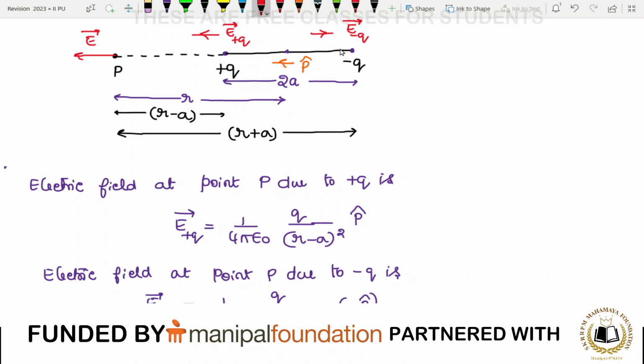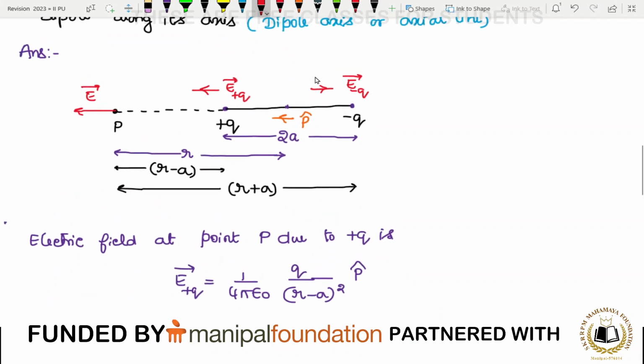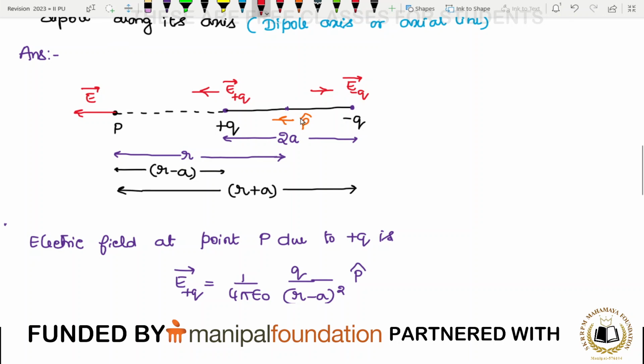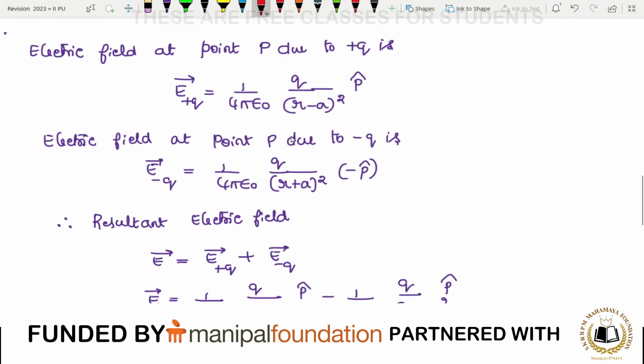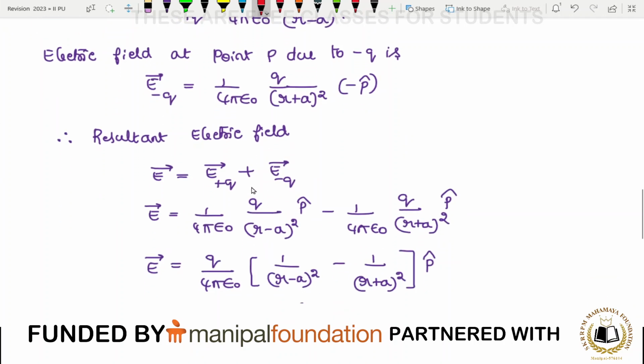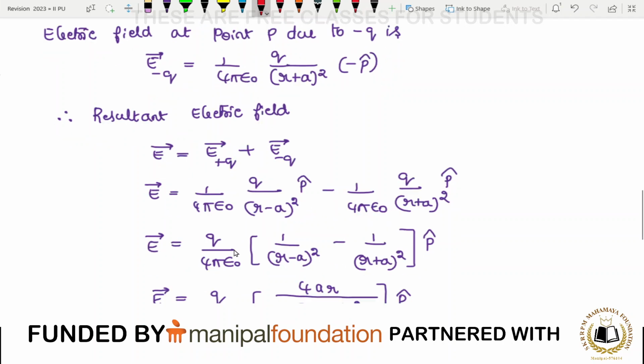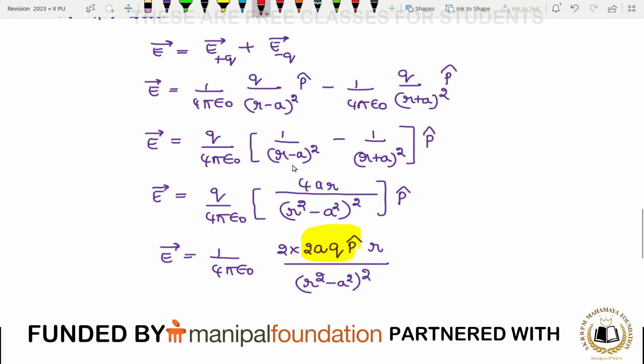But for the negative charge the electric field is inward and opposite to the dipole moment, so it becomes minus p cap. To add these vectorially, taking the minus sign outside and the common Q divided by 4 pi epsilon naught outside: first 1 divided by r minus a whole square, second 1 divided by r plus a whole square, into p cap.